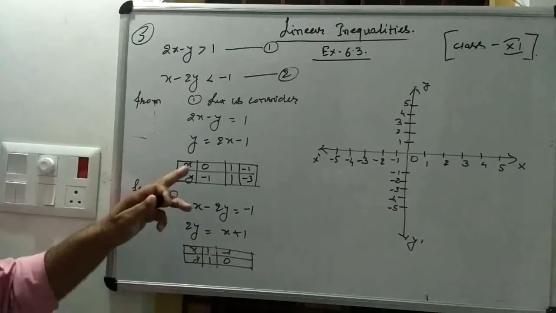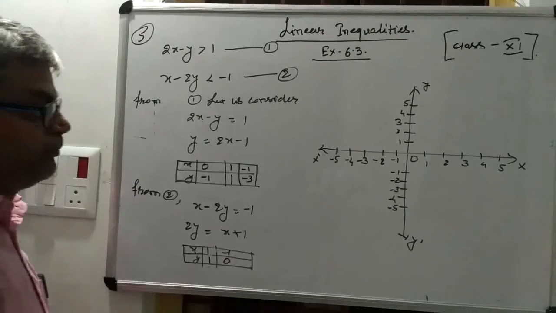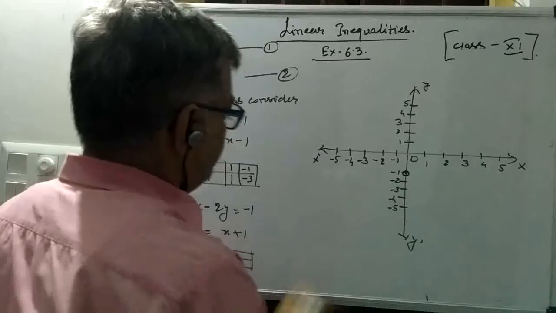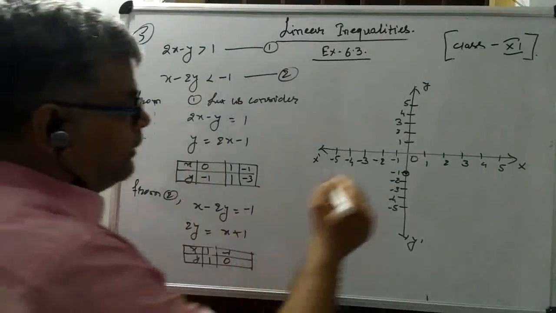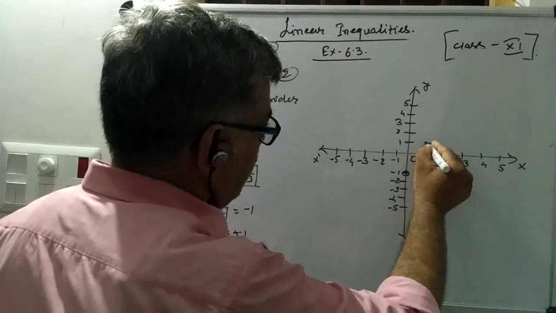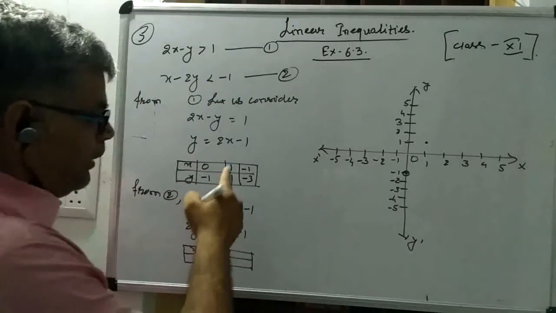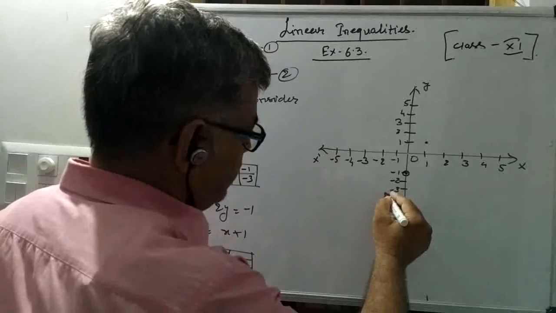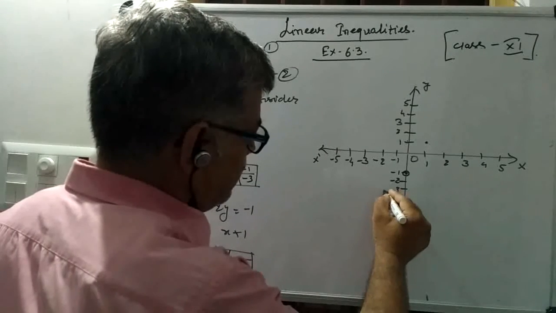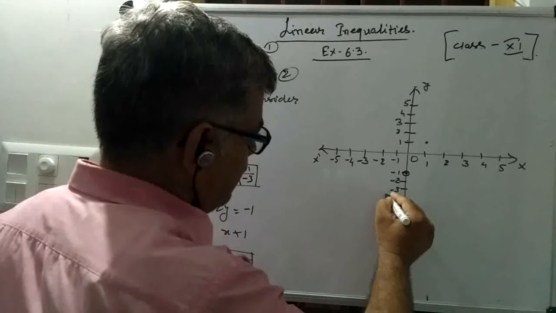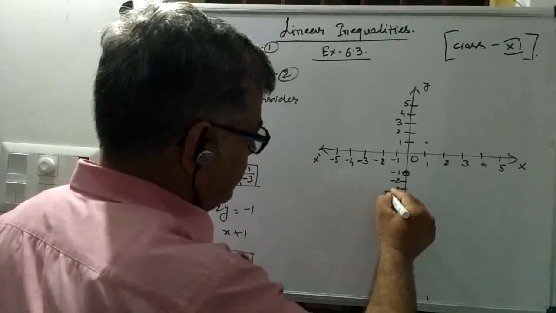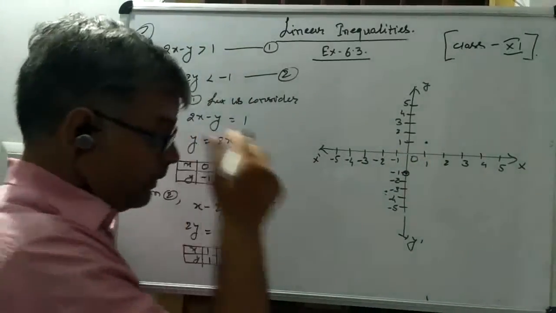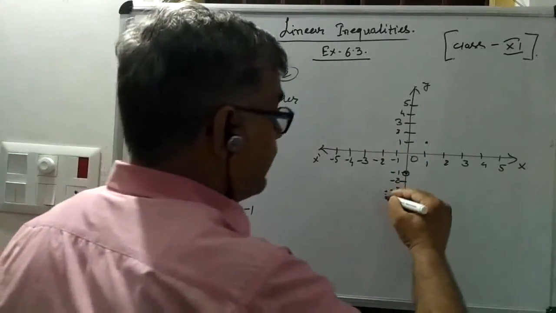Now we plot it. 0, minus 1 is here. 1, 1 is here. Minus 1, minus 3 is here. When you put it on graph paper, you can plot in a better manner.